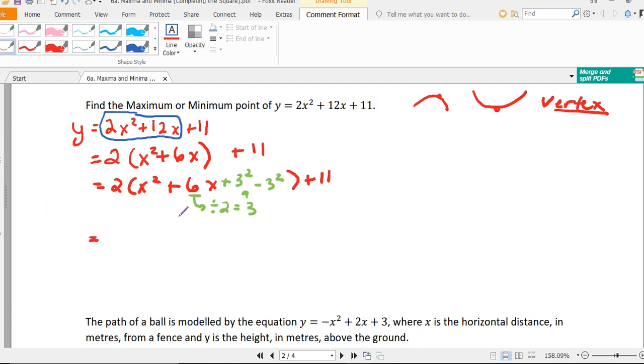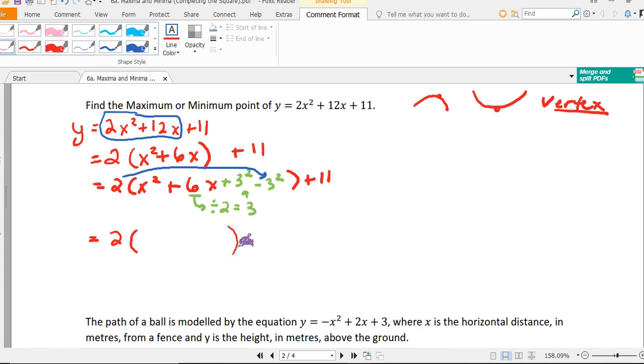Okay, now what do I do? Well, first, I'm going to write this down, 2x squared. Now, I want to free this last term. So I'm going to multiply these two together to get it out.